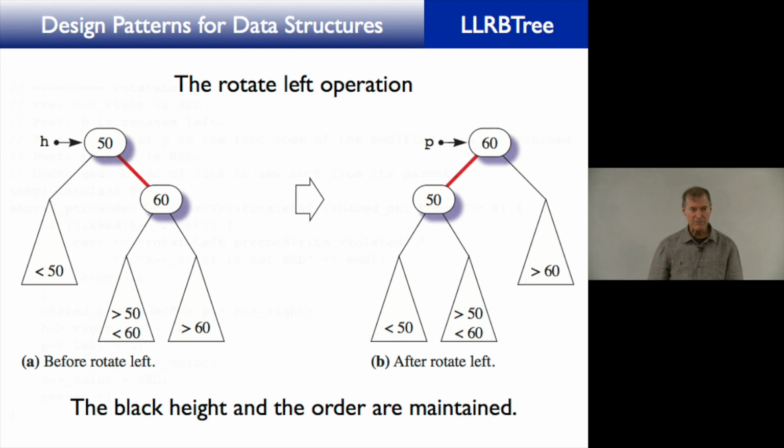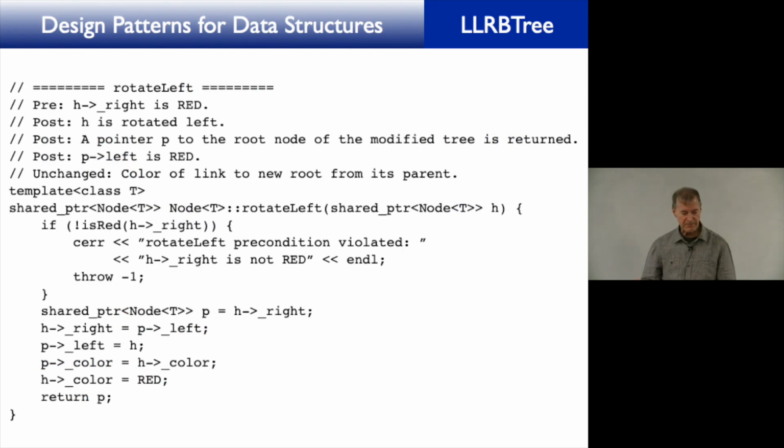So here's the code. Let's look at the precondition. Precondition: H arrow right is red. Postcondition: H is rotated left, as I just said, and that picture was what it did. Now here's another thing, and this is a little tricky, you guys. We're going to use pointers in a way that we have not used them before, so we're going to have to get used to this. The postcondition is a pointer P to the root node of the modified tree is returned.